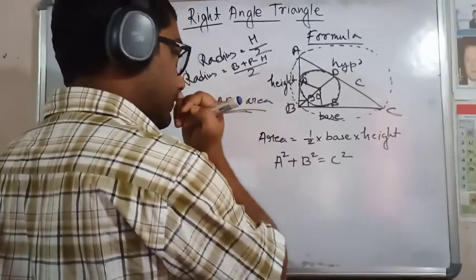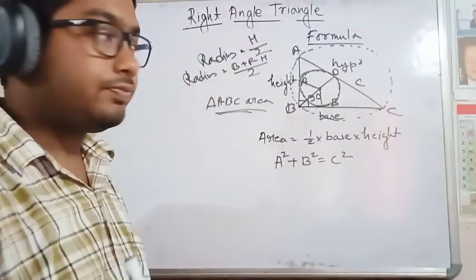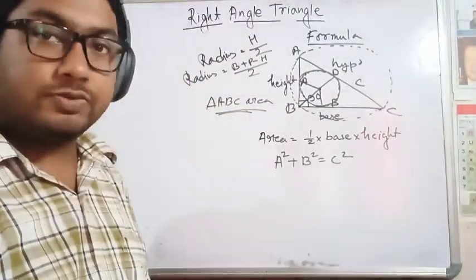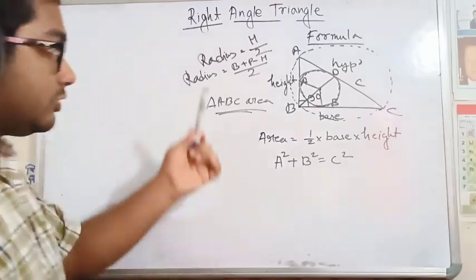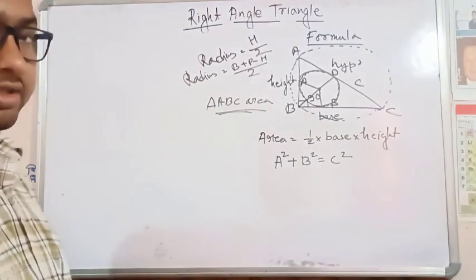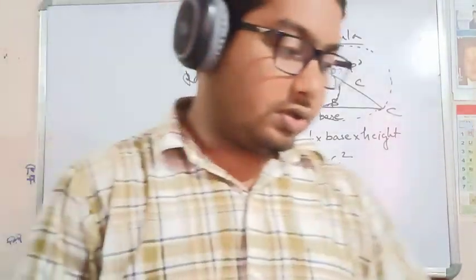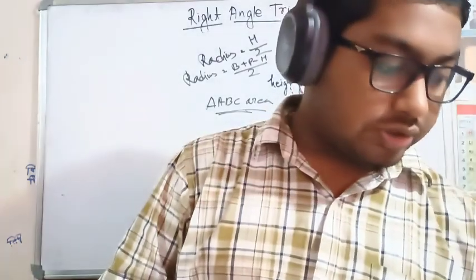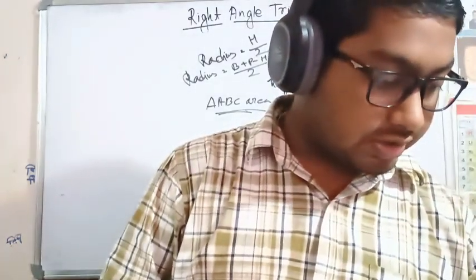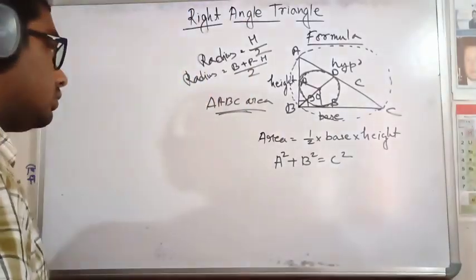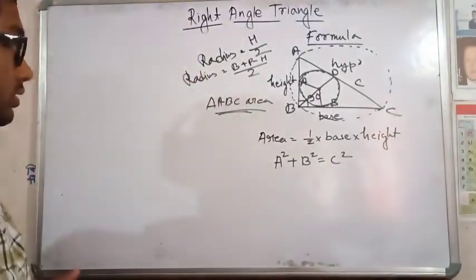Yes, you can write this as B plus P minus H by 2. Okay, you must remember those formulas. This is very necessary for the upcoming questions. And one more thing that is very much necessary.